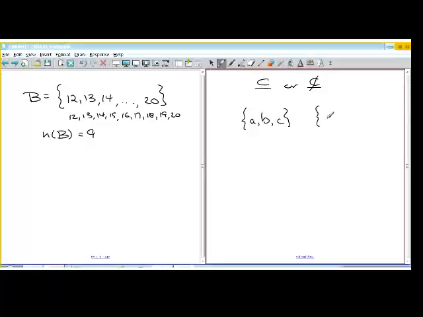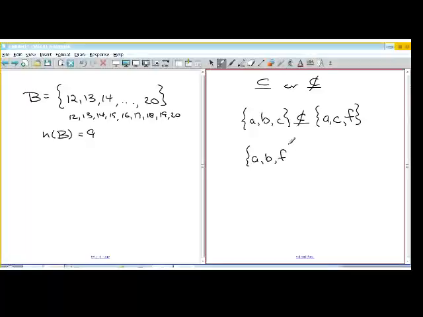Okay, so we're going to leave it blank, and you have to put it in there. So the question is, the definition of subset, it says every element in this set has to be in that set. Well, you see that the A is there, the B is there, C is there, but the B isn't. So because of that, this is not a subset.